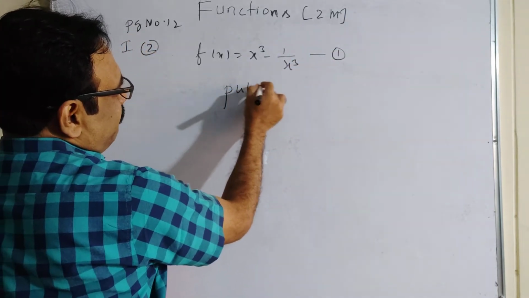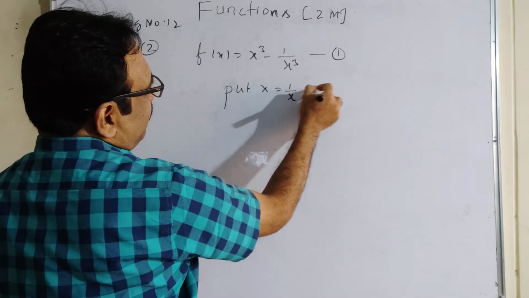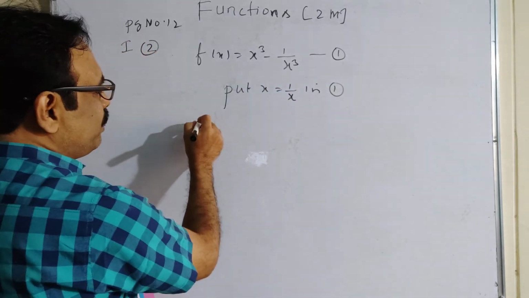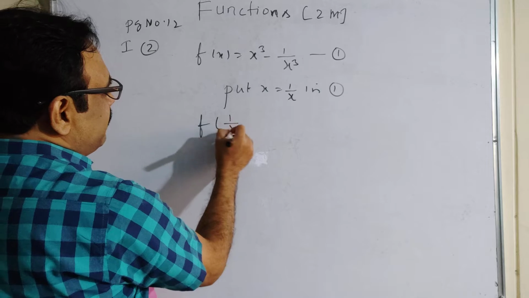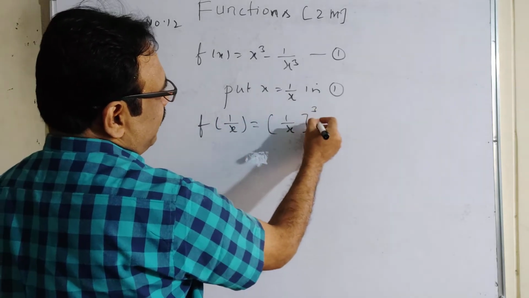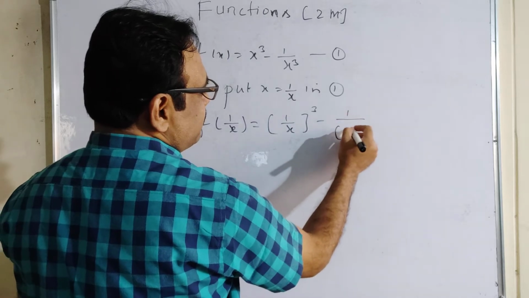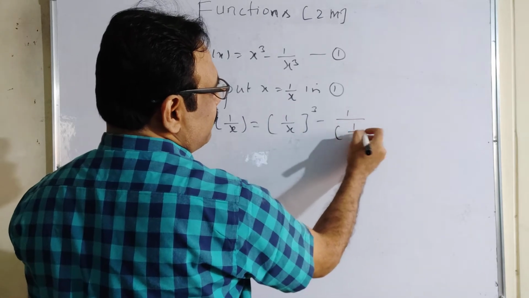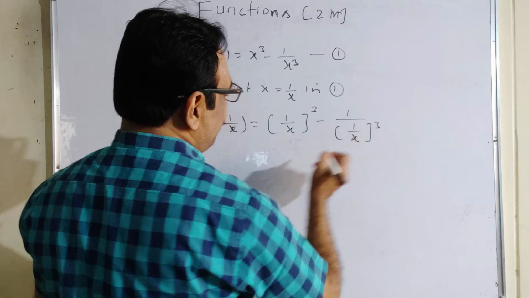I'll be replacing, put x is equal to 1 by x in 1. Now what you are going to get, wherever x is there, replace with 1 by x. And here wherever x is there, this is going to be replaced with 1 by x, and this whole cube.